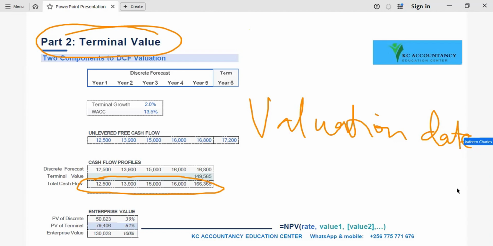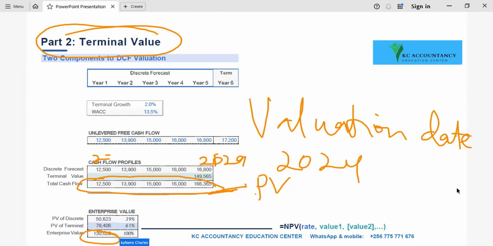Let's assume that our valuation date is 2024, and now these years we are starting from maybe 2025. If you add here, then this one is 2029. Let's assume like that. Now we discounted all these cash flows that we have here, and we got their present value, and that was equaling our enterprise value.